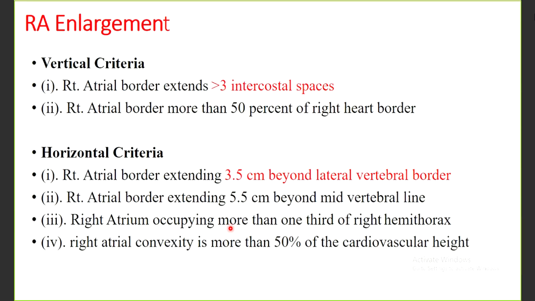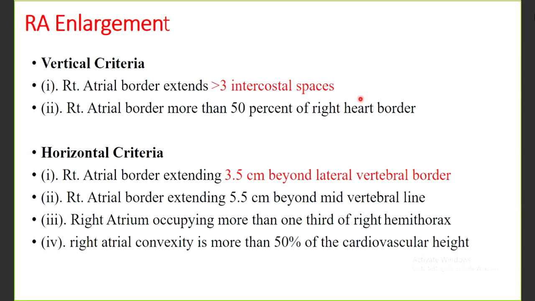Next, we come to the right atrial enlargement. To assess or diagnose a right atrial enlargement, we have both vertical and horizontal criteria. Now, vertically, if right atrium occupies more than 3 intercostal spaces, or if it is more than 50% of the right heart border, we can consider right atrial enlargement.